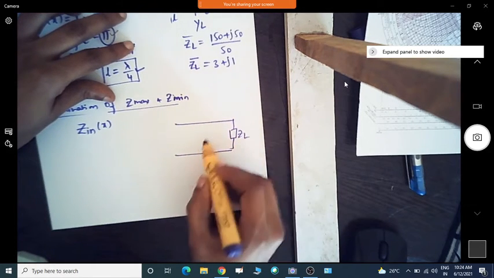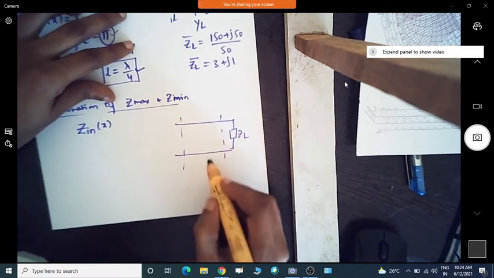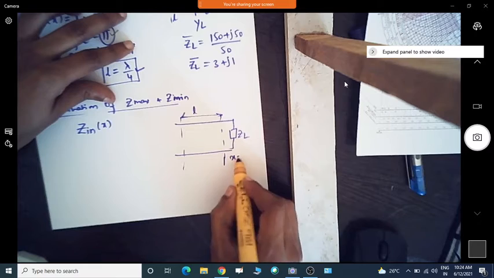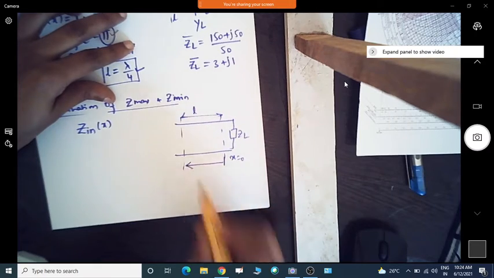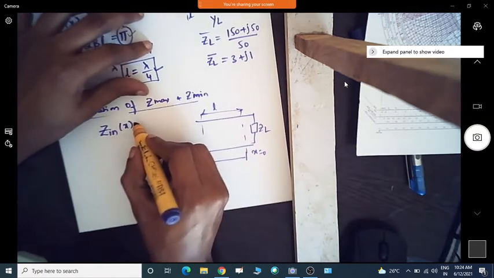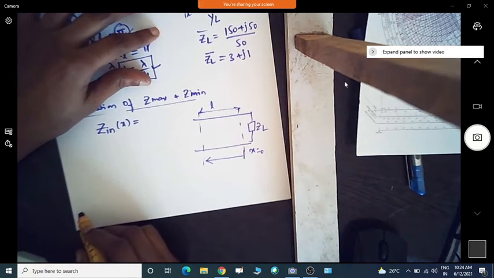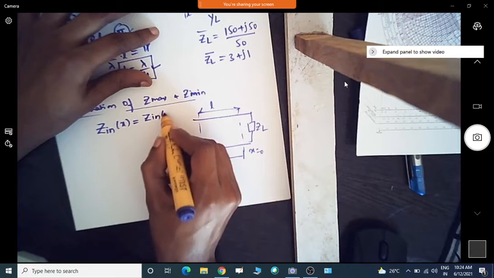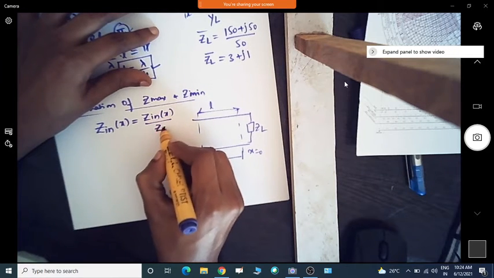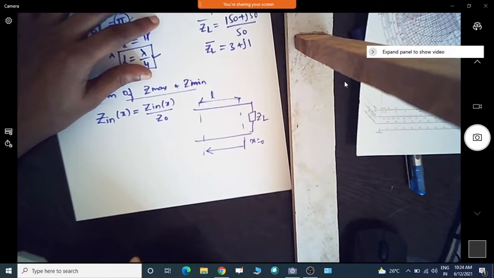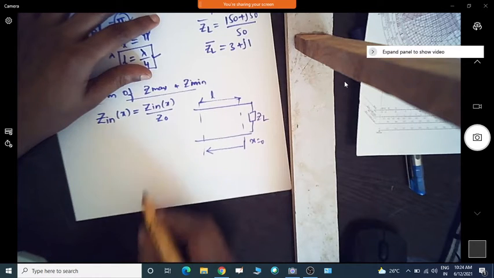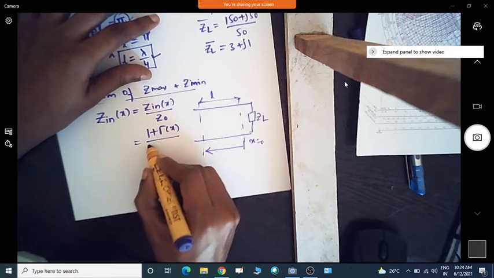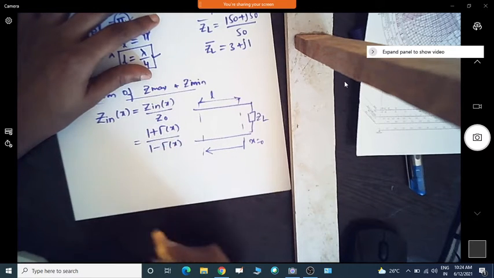If we have the length of the line L, x equal to 0 at the load side and we move towards the generator. Now we have the equation Z in of x, and we can take the normalized value whenever dealing with the Smith chart: Z in of x divided by Z naught, which is 1 plus gamma of x divided by 1 minus gamma of x.